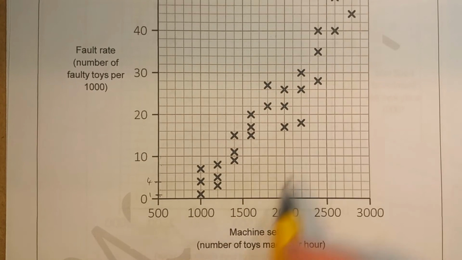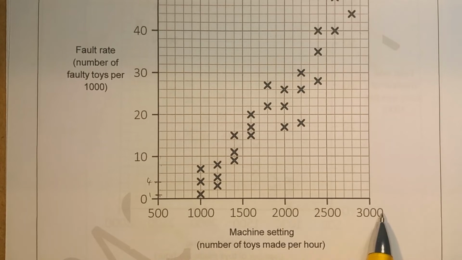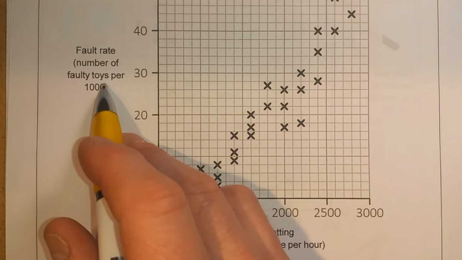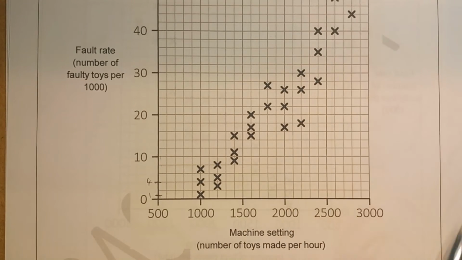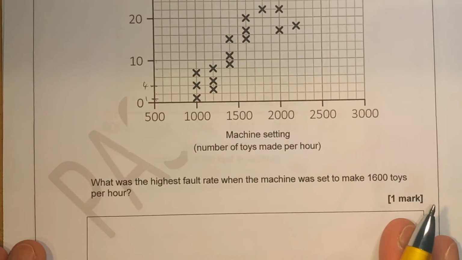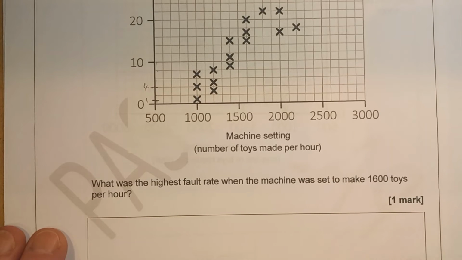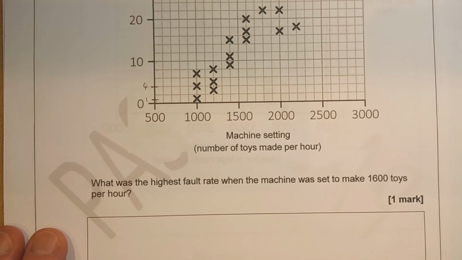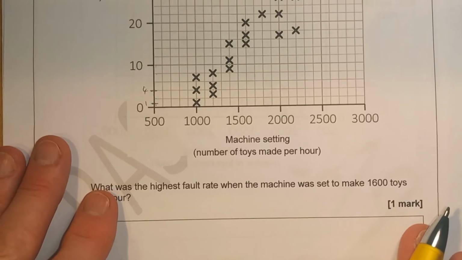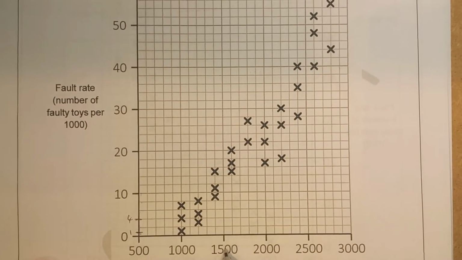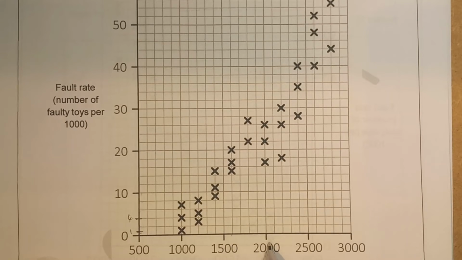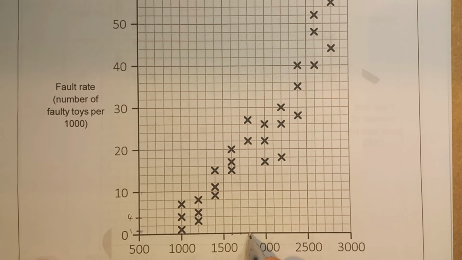You can see that as the setting is set for more toys per hour, it looks like you're getting more faults because it's going up. And they've asked us, what was the highest fault rate when the machine was set to make 1,600 toys per hour? Well, this is 1,500, and we've got 2,000 here, so each of these must be worth 100.